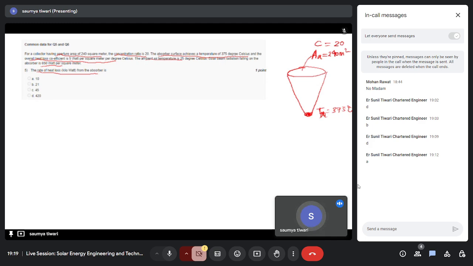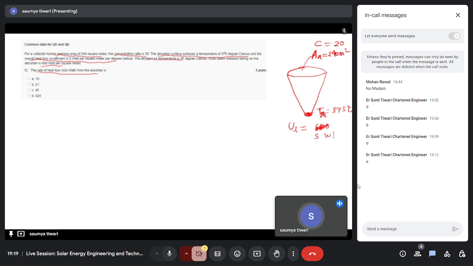Now the overall heat loss coefficient is given. So your UL is given 5.